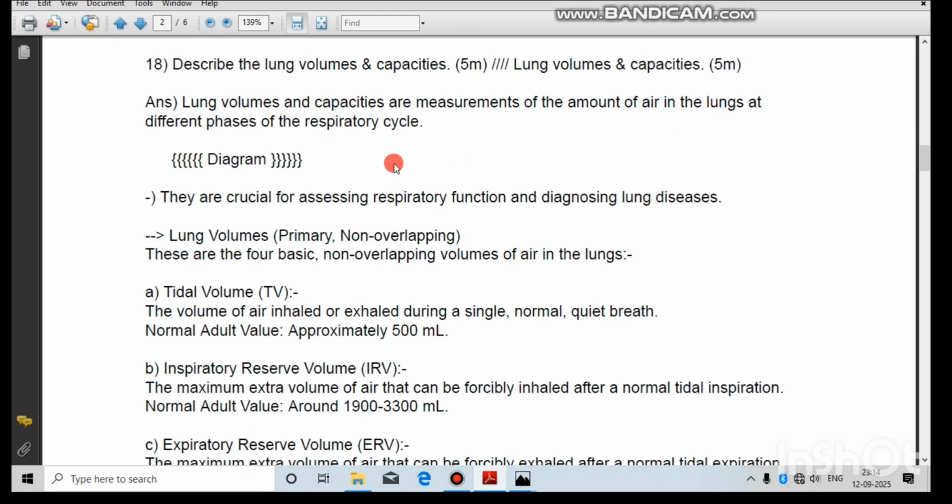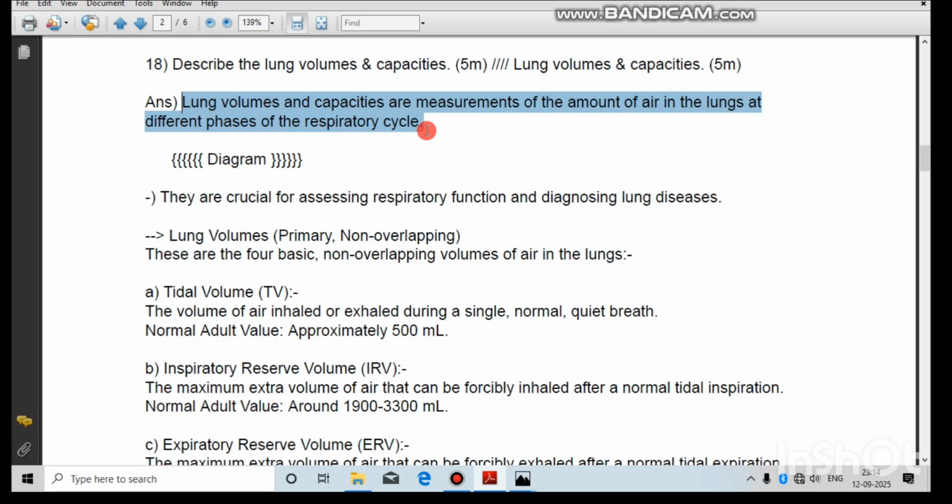The last answer in today's video is: describe the lung volumes and capacities, or just lung volumes and capacities. Students, it is again one of the most repeated and expected questions for your upcoming exams. The answer for this one is very simple.